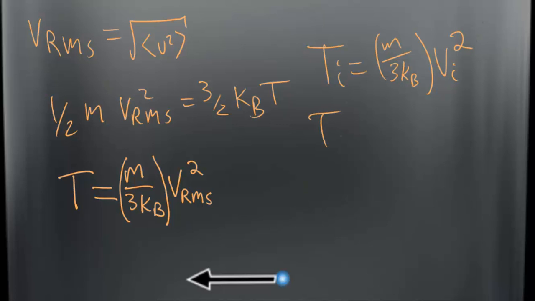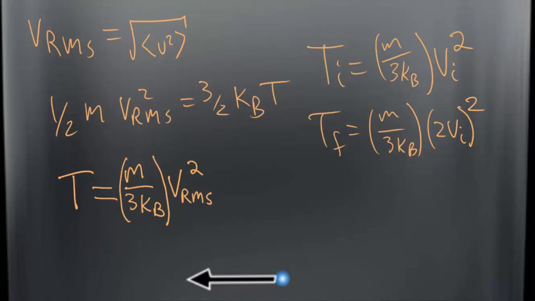Now write our final temperature, T_f. Again, we have the same constants, but the velocity here is going to be 2 times the original velocity. So we have 2 v_i is our velocity, and that's squared.